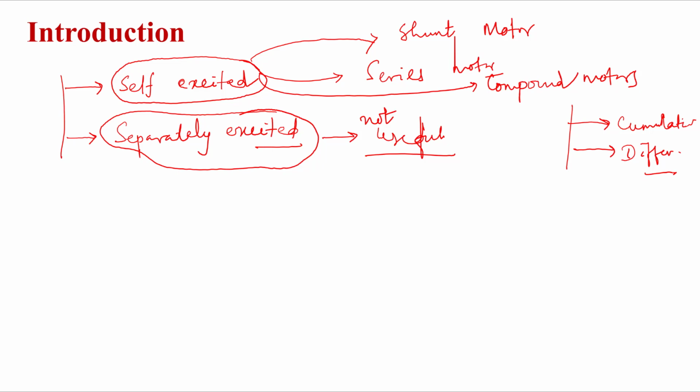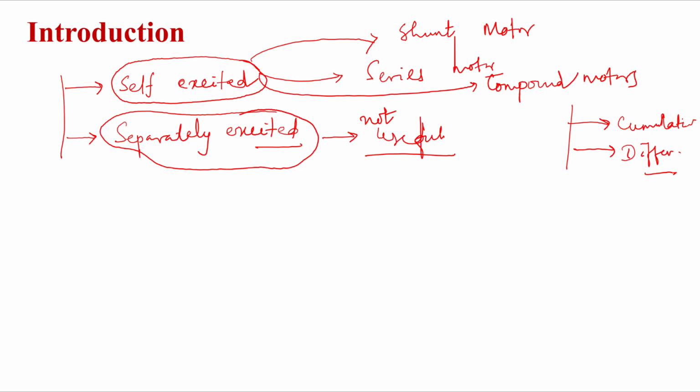Before we move forward, let us see the operational aspect. Already we discussed in the very beginning of your class how, when a current carrying conductor is placed in a uniform magnetic field, the torque will be developed. We will not talk much about that.